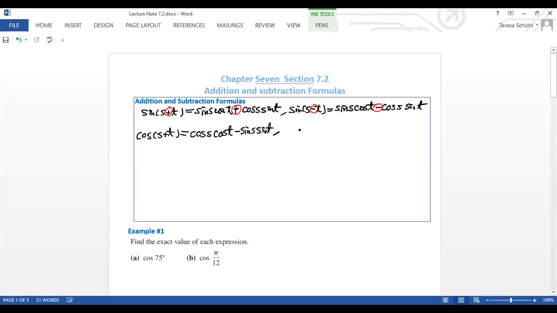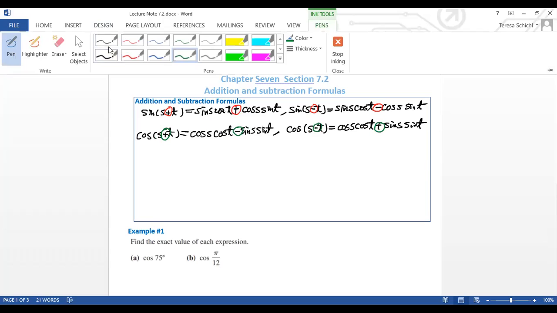This is a little bit opposite to sine: if you have a plus on the left, you have a minus on the right, and if you have a minus, you have a plus.